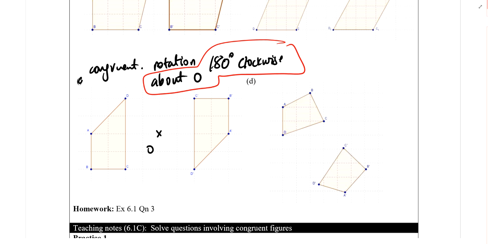And the last one, are they congruent or not? Yes, congruent. What is the transformation? Reflection. Where is the line of reflection? The line of symmetry, in the middle.